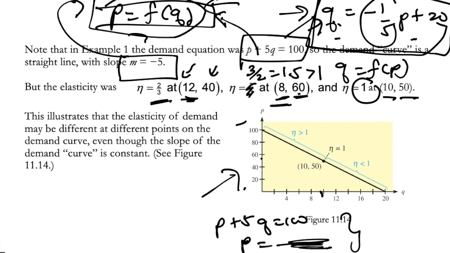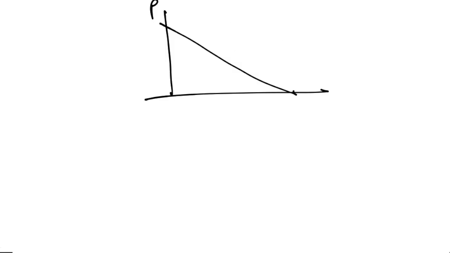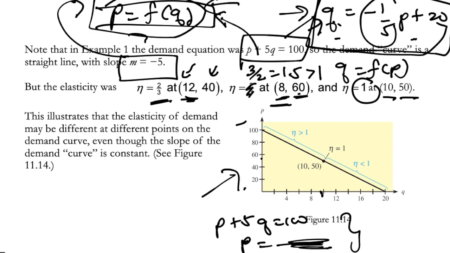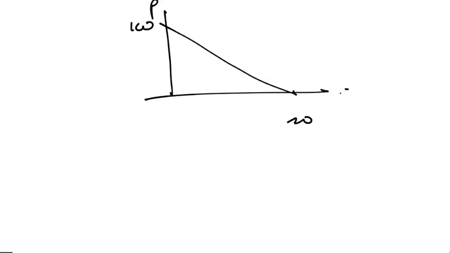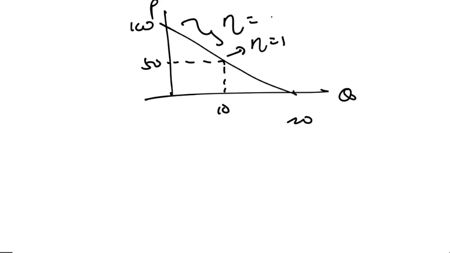Now, if I try to put it in this form, you have 100 here, and then you have 20 here for Q, and then here 50, sorry, should be 50 here for price, and then here 10. We know that eta here is 1, but eta here, elasticity of demand, is more than 1.